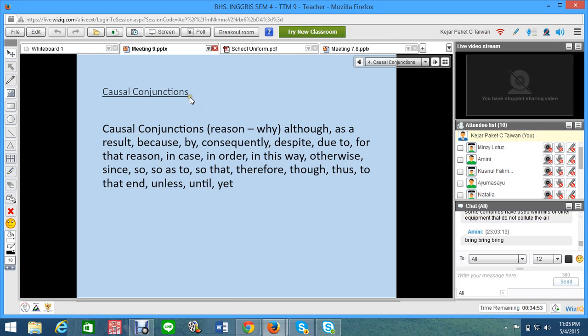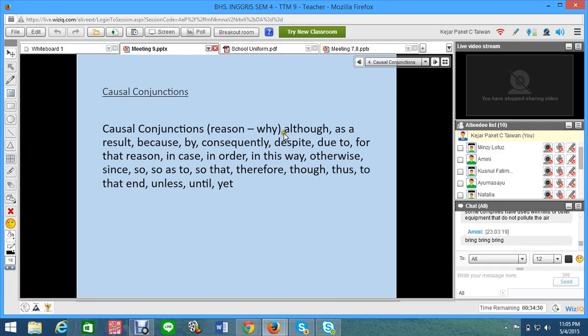Conjunction itu penghubung akibat. Okay, although, consequently, despite, due to, for that reason, in case, in order, agar, in this way, otherwise, since, so as to, so that, therefore, though, that, to that end, unless, until, yet.